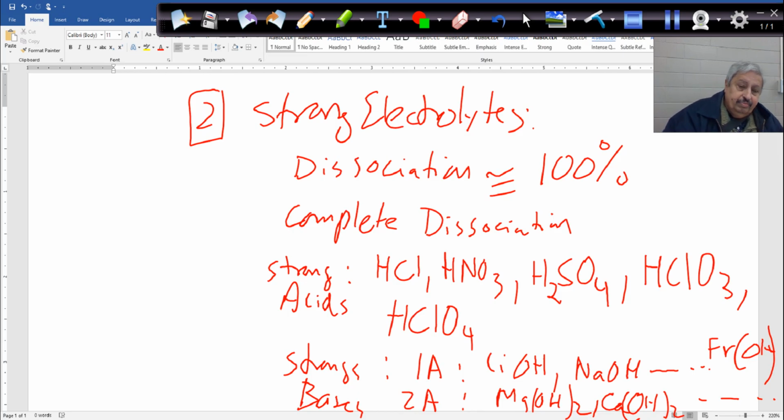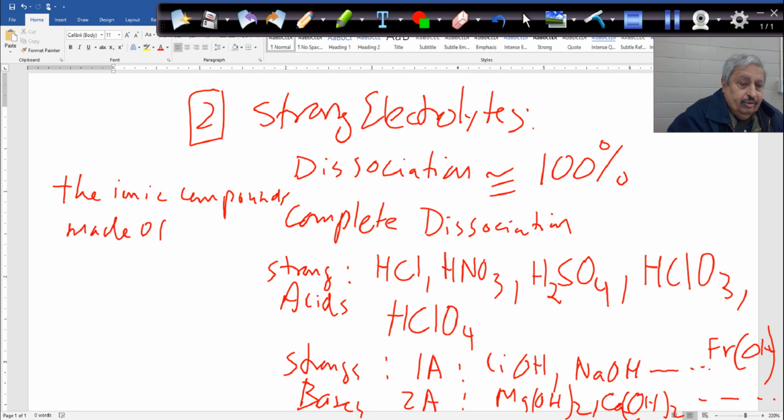So we have, beside this, another example here, the salts, the ionic compounds made of 1A and 2A metals. So for example, potassium chloride.